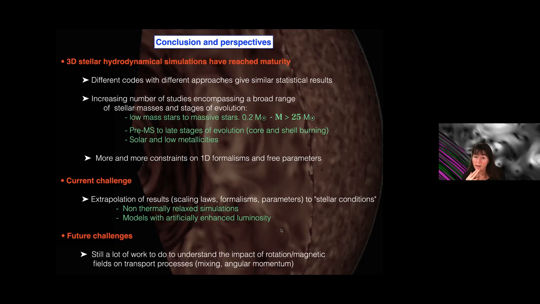And maybe we could define a framework where we could understand better this meridional circulation and the rotational mixing, and then extrapolate that to stellar conditions. To tell the truth, I haven't found a solution yet. Maybe some people have. But I think this is the real challenge, and probably this is why so far people have somehow left the rotational mixing out of hydro simulations just because of that.